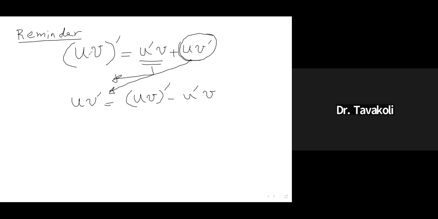Now I integrate both sides. The integral of uv prime equals the integral of uv all prime dx minus the integral of u prime v dx.